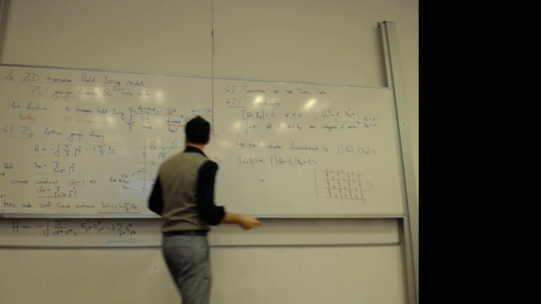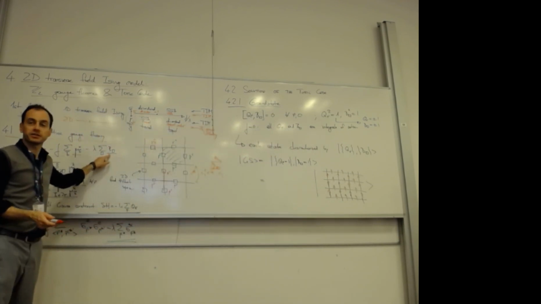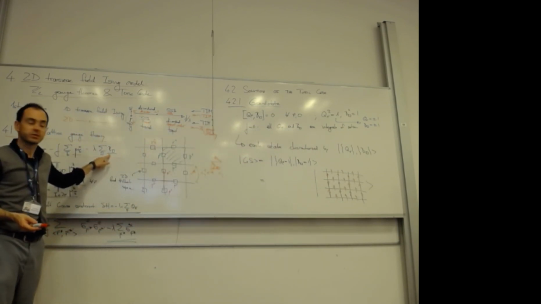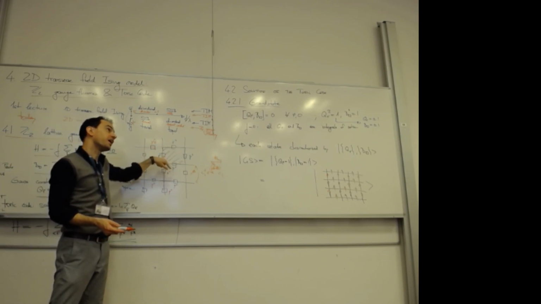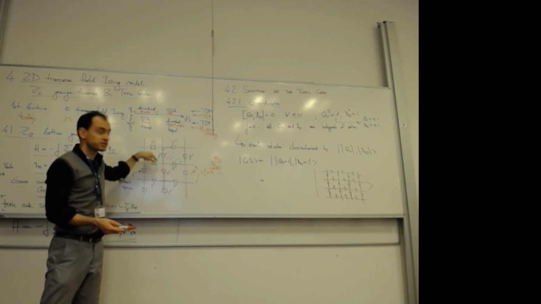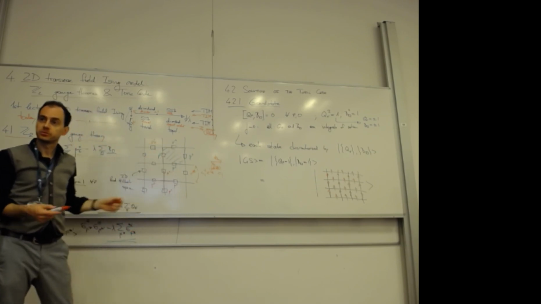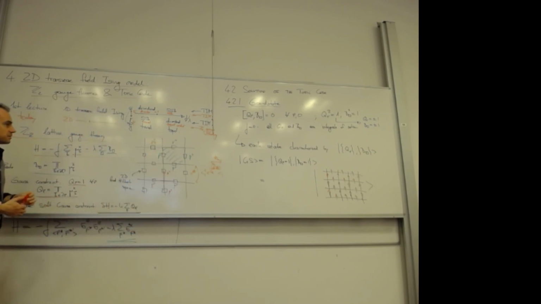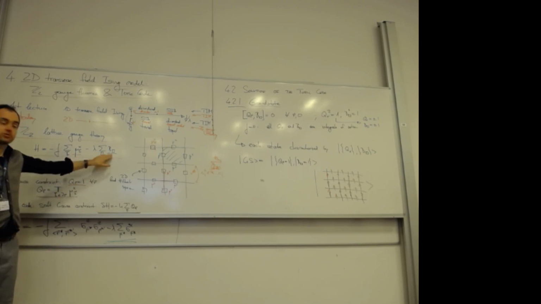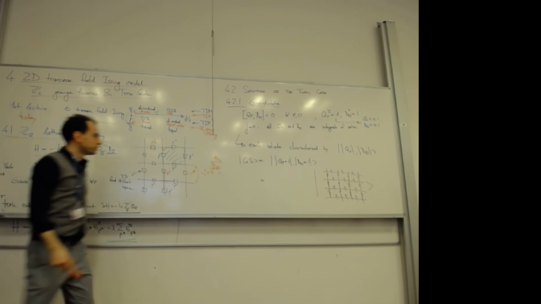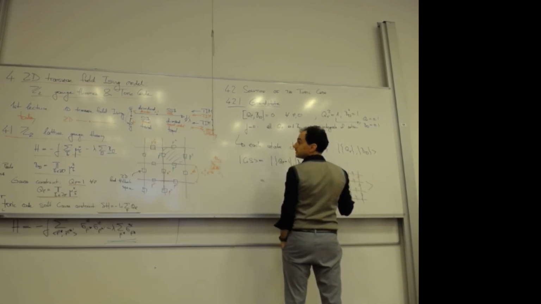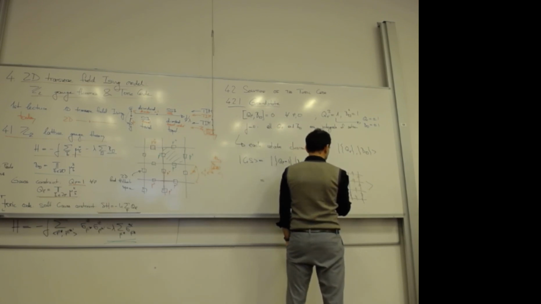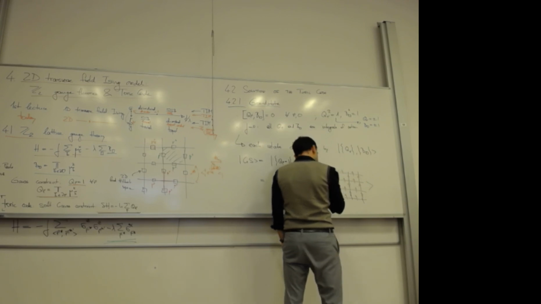This is a state which has 0 flux. You want to have B equals 1, which corresponds to 0 flux, because it means you take the product of all the gates. Remember this was e to the i of the flux, and so 0 flux is B equals 1. You agree this has 0 flux? It's a product of the Z eigenvalues that I'm drawing here, and plus 1 and plus 1 and plus 1 and plus 1 is 1.